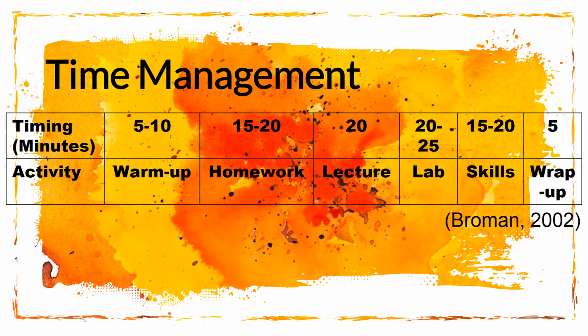A suggested timing plan by Broman includes a 5 to 10 minute warm-up, 15 to 20 minutes for a homework review, 20 minutes for lecture or direct instruction, 20 to 25 minutes engaged in a lab or group activity, 15 to 20 minutes completing skill practice, and finally, 5 minutes for a wrap-up discussion.